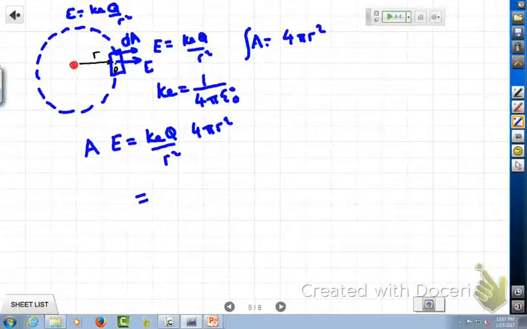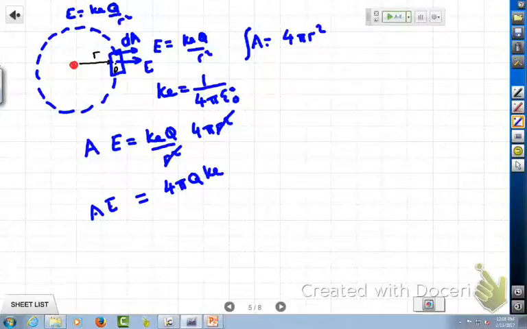So this is going to equal, the R squareds go away, and that's going to be 4 pi Q Ke, and this is going to be A dotted with E.